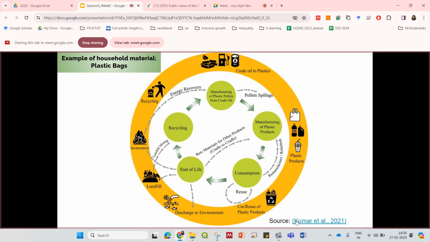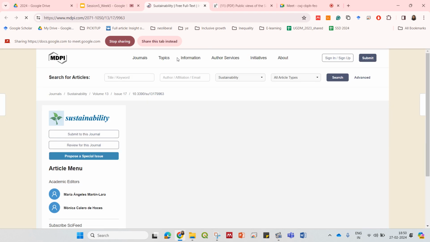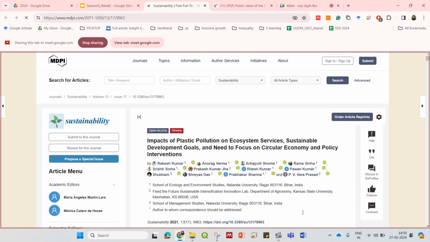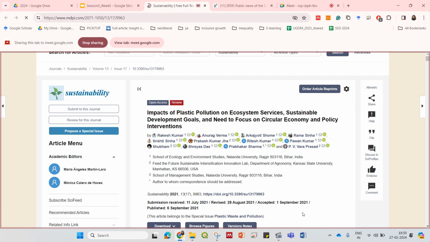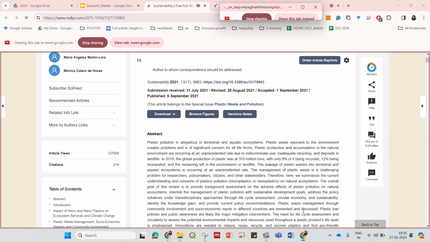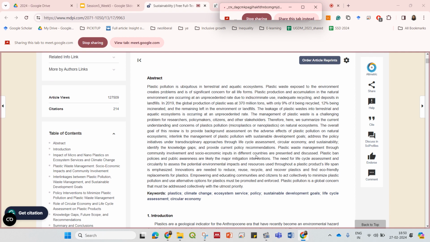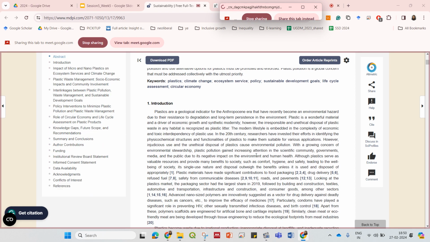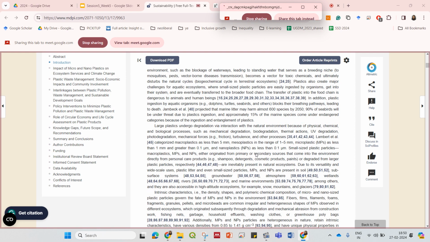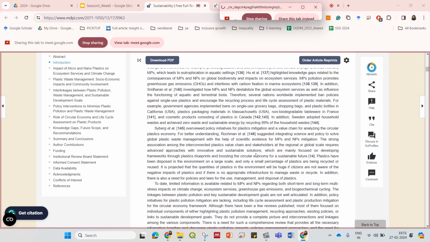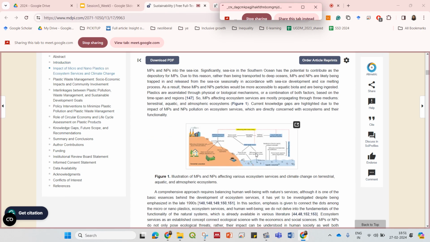This actually comes from this source. So if you want to read details about how this life cycle assessment was done or created, you can go on to this study, which shows how the life cycle assessment for plastic bags was done.